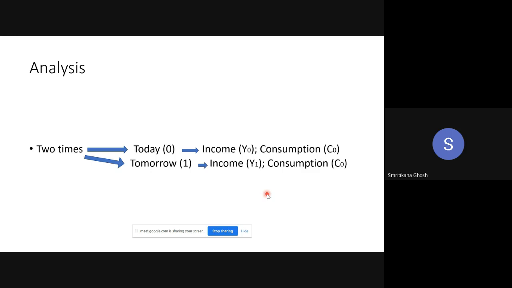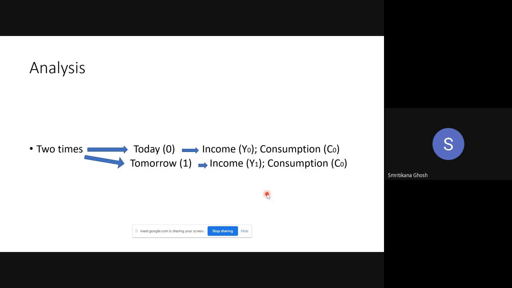So here there are two things, income and consumption. And obviously, if you are going to choose over time, then this saving option is coming. This is the new thing here. Because it is not necessary that whatever you are earning today, you have to consume. In case of consumer behavior, it was like that: my income is 100 rupees, so I have to spend 100 rupees because there was no option for saving.